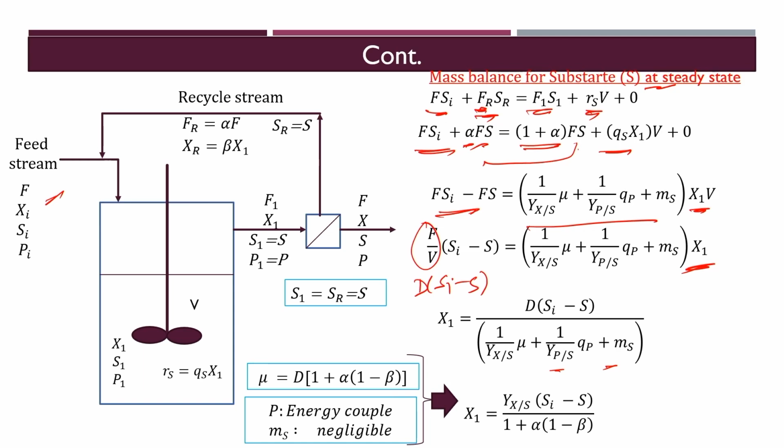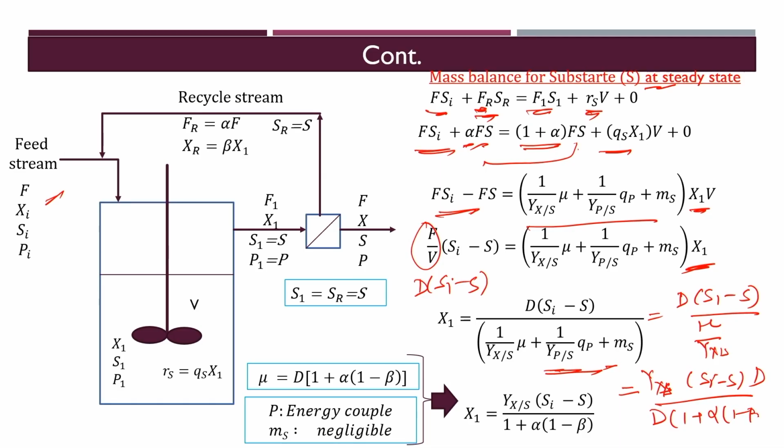So, in this way, if we can neglect the product formation and maintenance terms, then we will end up with D(SI minus S) divided by mu upon Y X upon S. So, Y X upon S will go in the numerator, so it becomes Y X upon S (SI minus S) into D, and mu equals D(1 + alpha(1 - beta)).